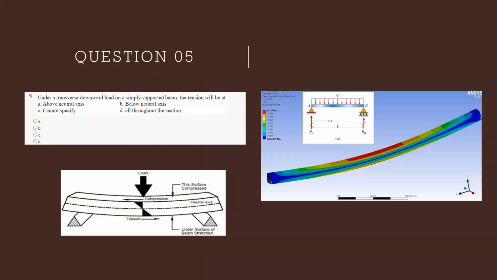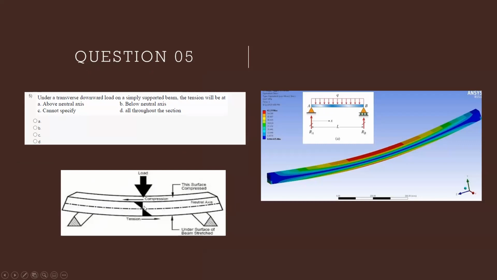Question number 5 is, under transverse downward load on a simply supported beam, the tension will be at. Here we can see a simply supported beam acted upon by a point load at its midspan. We can see that it is bending like this, and the neutral axis has no extension, no compression. The top surface is compressed.